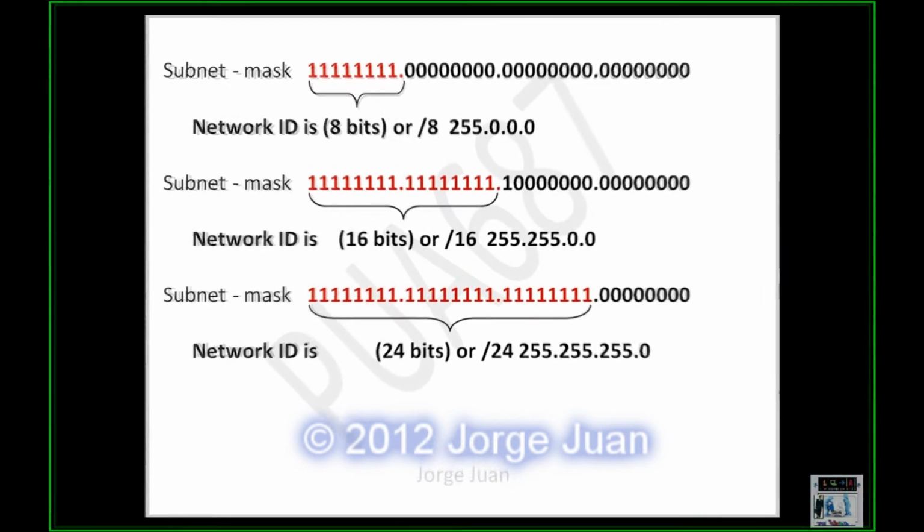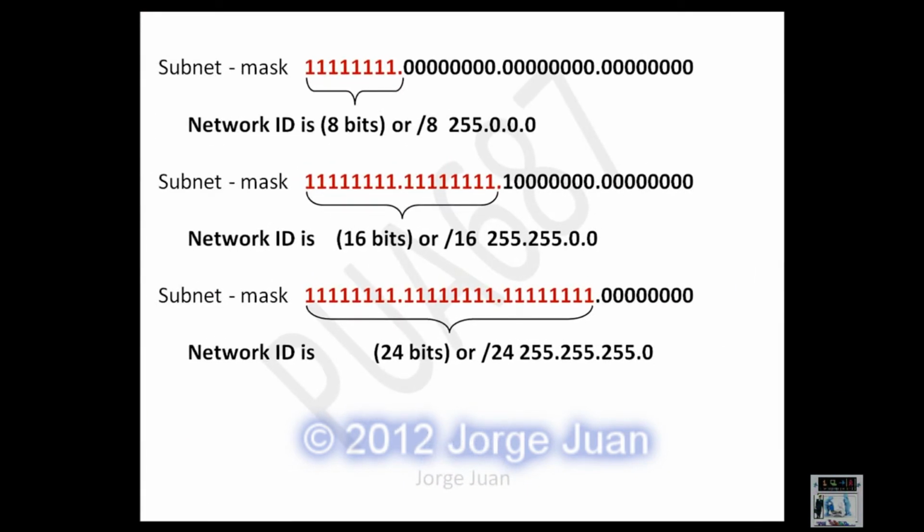Okay, so the subnet masks that we have been looking at in dotted decimal notation have octets whose values are represented as either 255 or zeros.